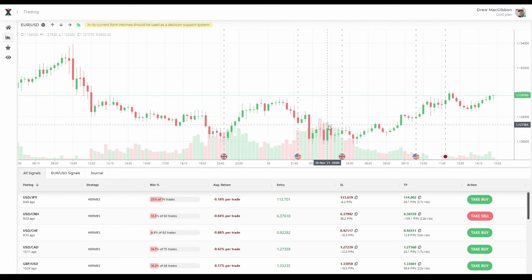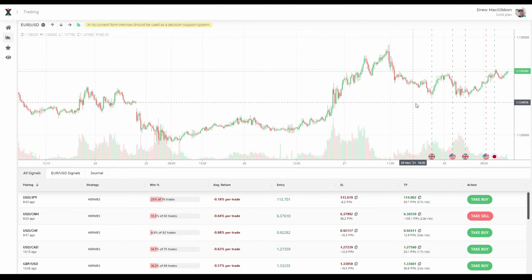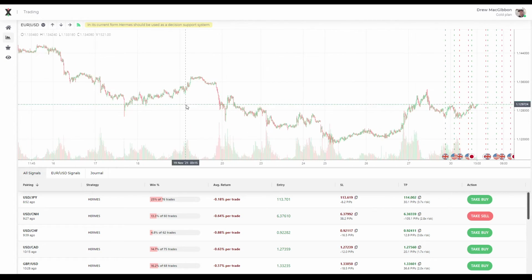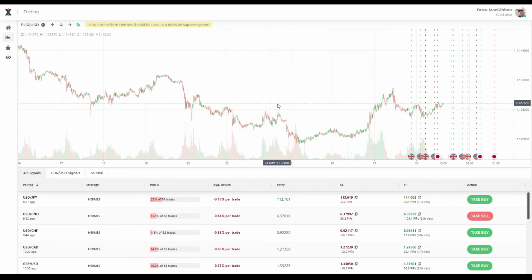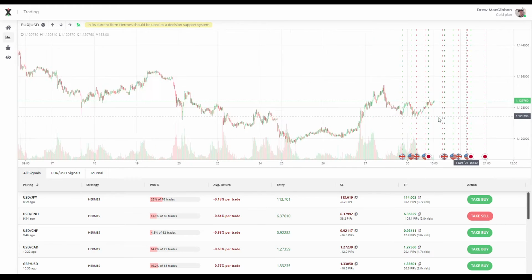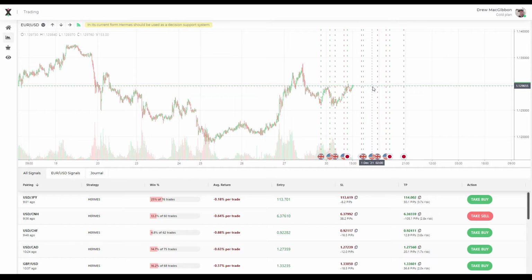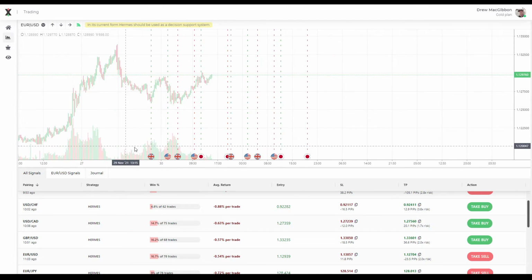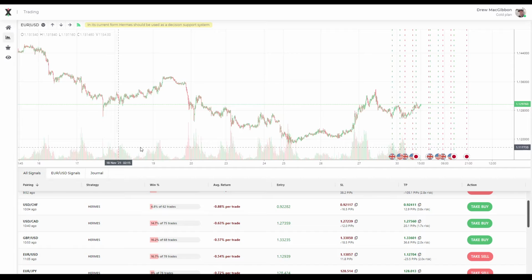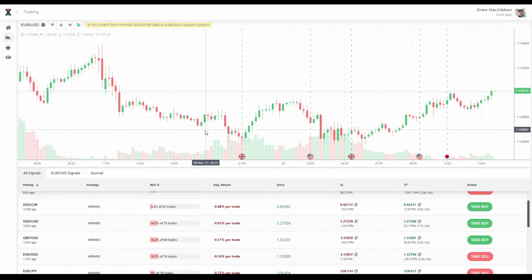Let's look at Euro USD. So it looks like we might have bottomed out and we might be trying to head back up. It's really wanting to test that level, so I'm not going to. We would be taking sells with Euro USD, but again, I'm not comfortable taking that trade. Let me have a look.